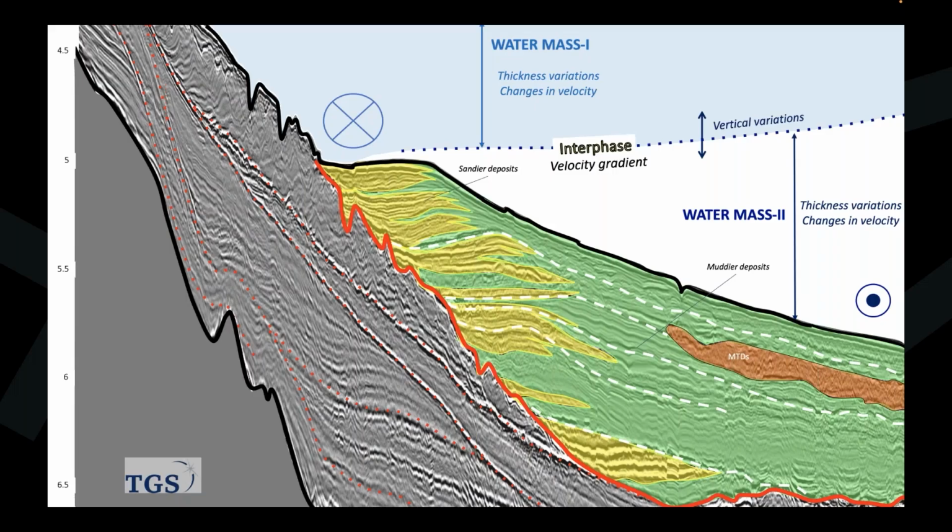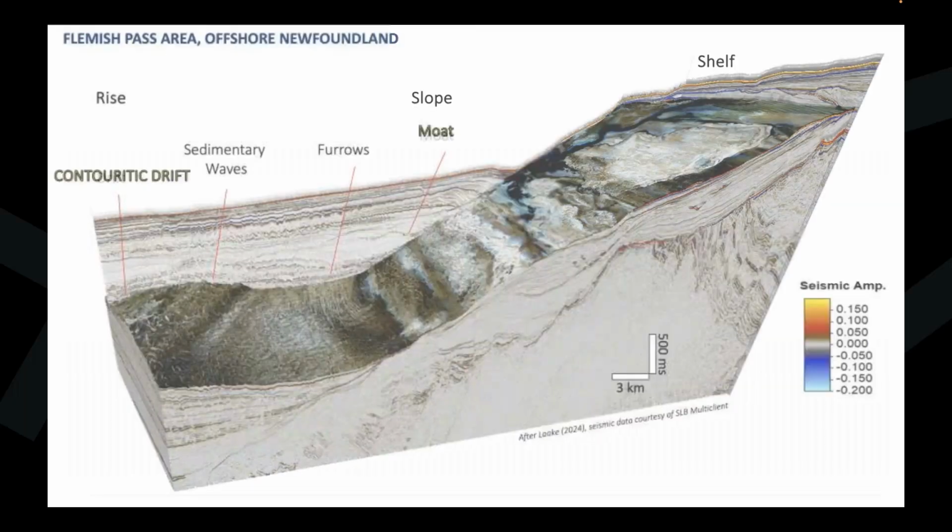For example, these interfaces are the key areas for the influence of the internal waves that were explained before, the internal tides, or other processes. So these areas are really depths in the ocean with maximum energy, in which the processes have more capacity for transporting and eroding sediments.